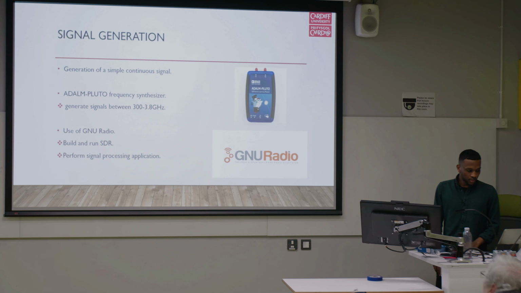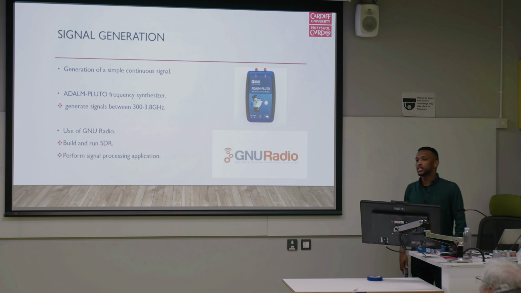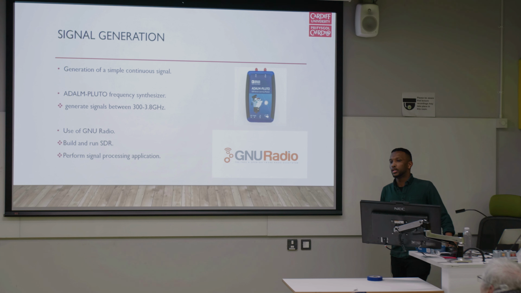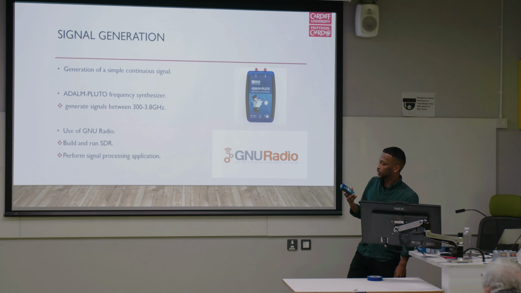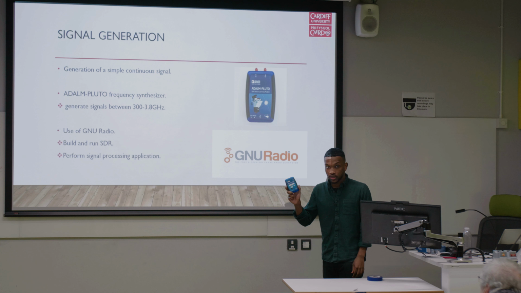To generate these RF signals, we're going to need a frequency synthesizer. The frequency synthesizer basically produces RF signals at a very different range of frequencies. And for this project, like I said earlier, we've used the ADALM Pluto device.